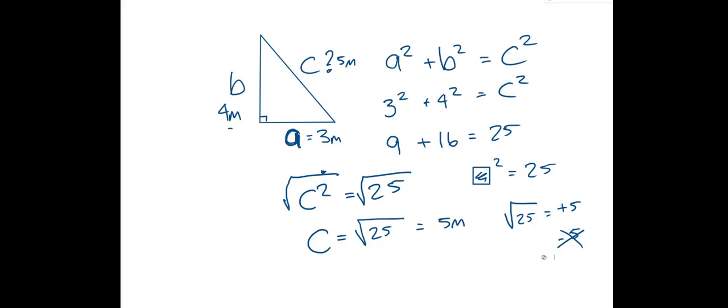You have negative imaginary time, negative length, negative space, dark matter. We're nowhere near being near there, so the answer is 5. 5 it is, 5 meters.